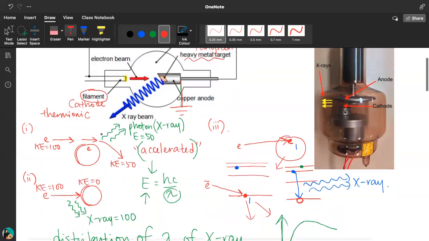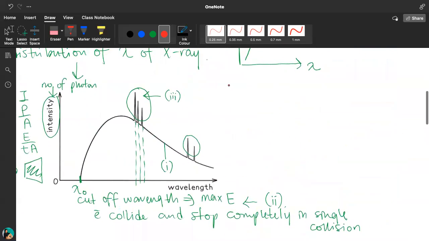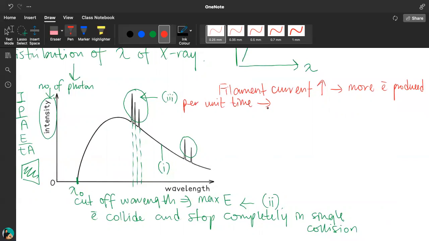So when filament current increases, let's write down somewhere here: filament current, I increase the current at the cathode. That means you have more electrons produced per unit time.